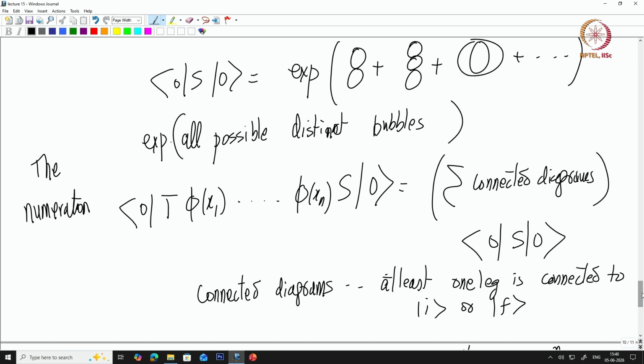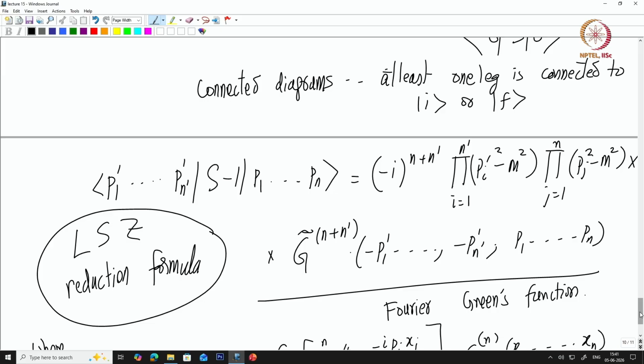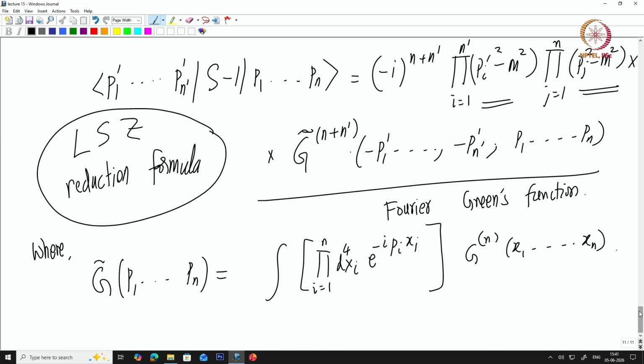So if you are calculating some amplitude in the S matrix, for example with n particles with momenta p1 to pn, and other particles with primed momenta, you have S minus 1 here, since the transition matrix is 1 plus S. This entire thing is nothing but your Green's function, with all the particles appearing on the mass shell in momentum space.